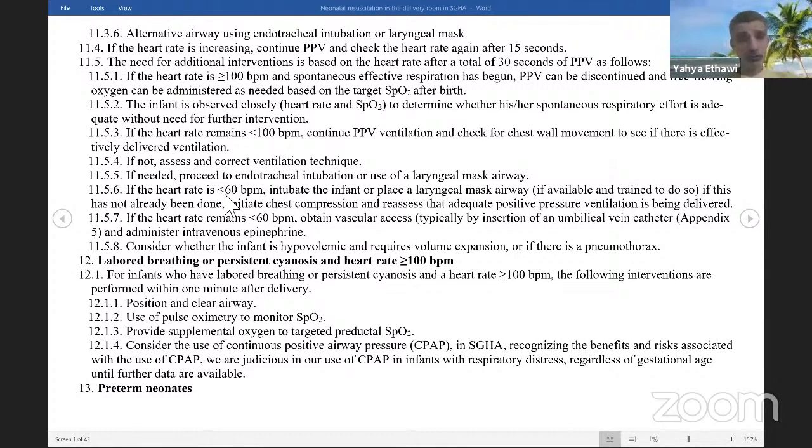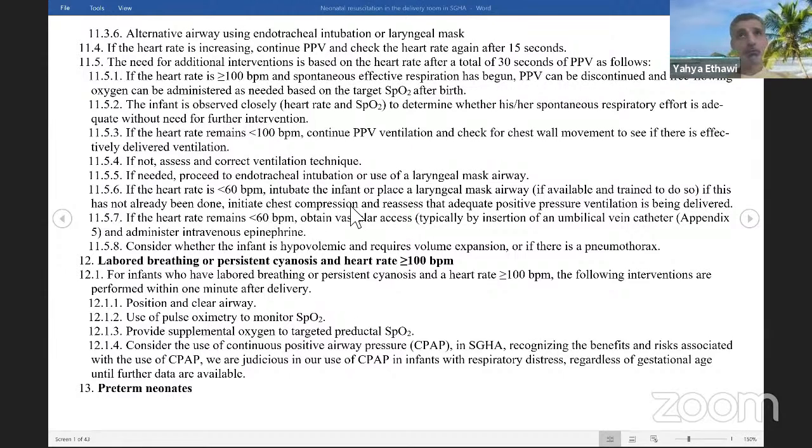If you decide to provide chest compression, the airway should be secured. If after like 90 seconds of chest compression there is no effect and the heart rate is still below 60, now you need to think of medications such as epinephrine, whether IV or through ETT.